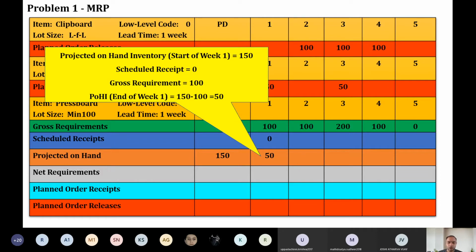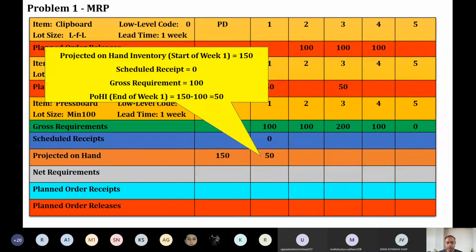What is the gross requirement for the second week? 100. How much is available inventory? 50. So the net requirement will be 50. Then what will be the planned order receipt in week 2?